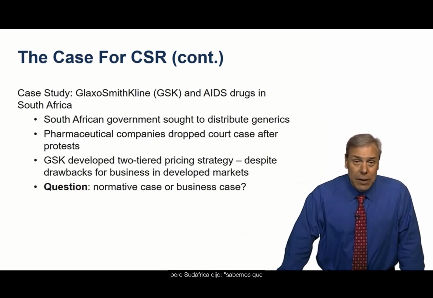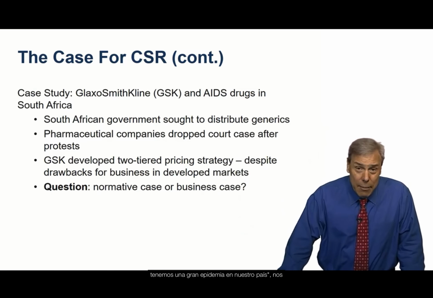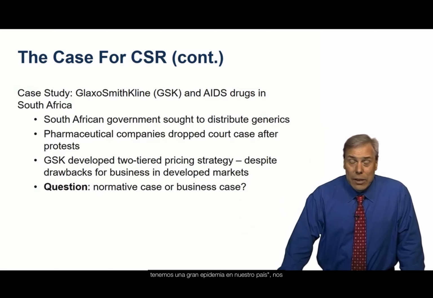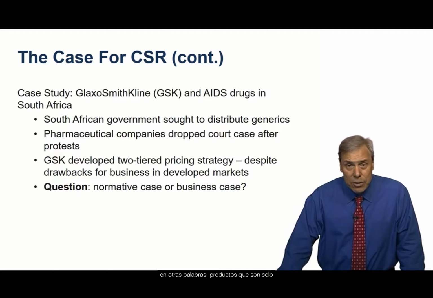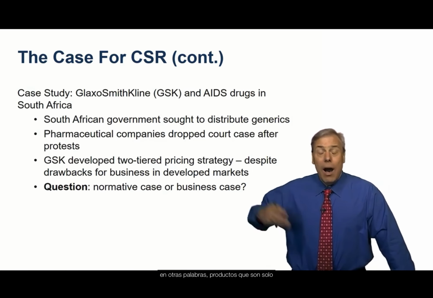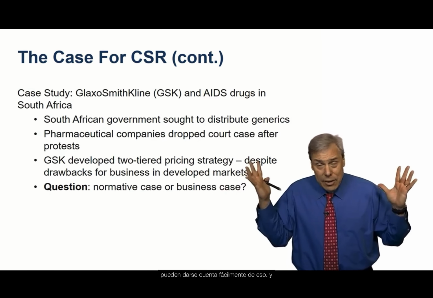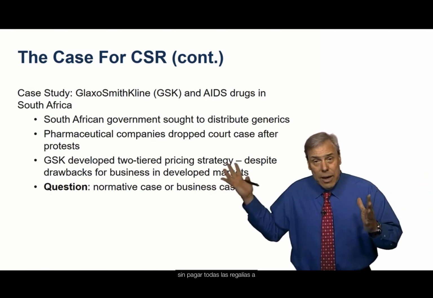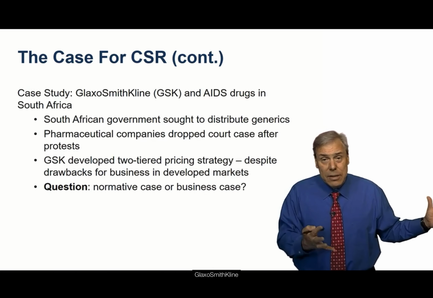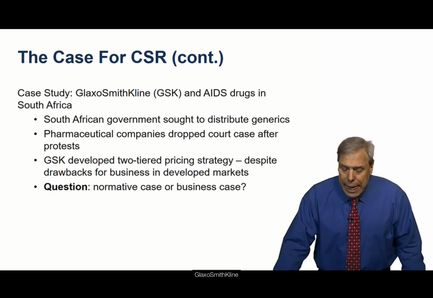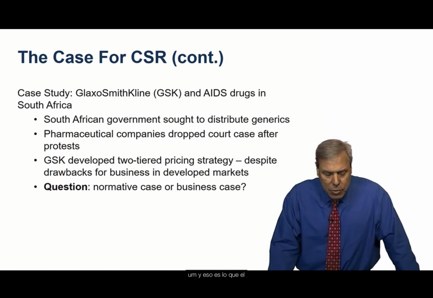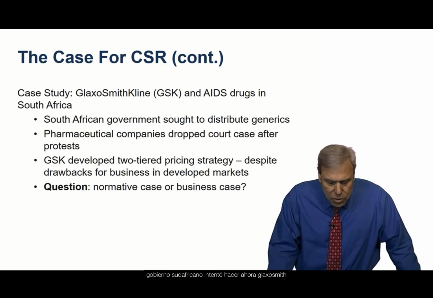But South Africa said, we have a big AIDS epidemic in our country. We would like to just distribute generics. In other words, products that are just copies of this thing. Chemists can easily figure that out, and they could just distribute that at very low cost without paying all the royalties to GlaxoSmithKline. And so that's what the South African government sought to do.